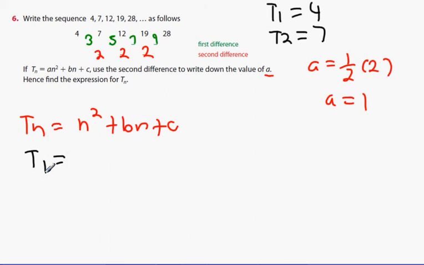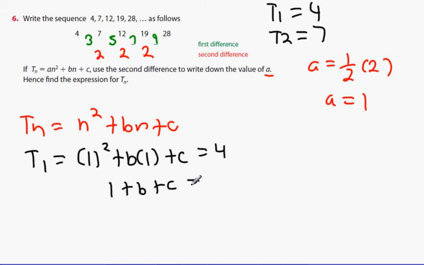Change all other n's to 1. 1 squared plus b times 1 plus c all equals 4. 1 plus b plus c equals 4. Bring over the 1. b plus c equals 3. Okay? That's T1.